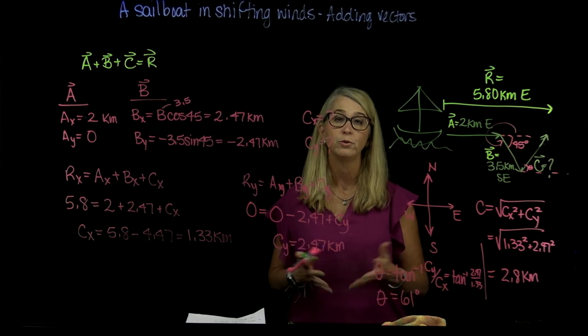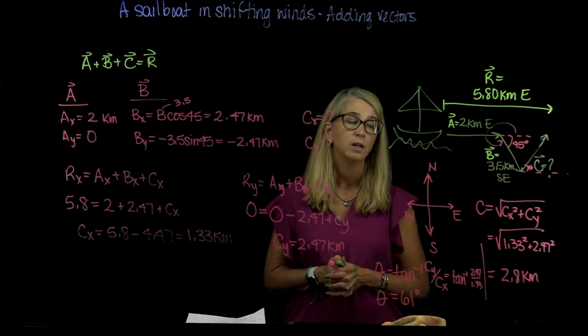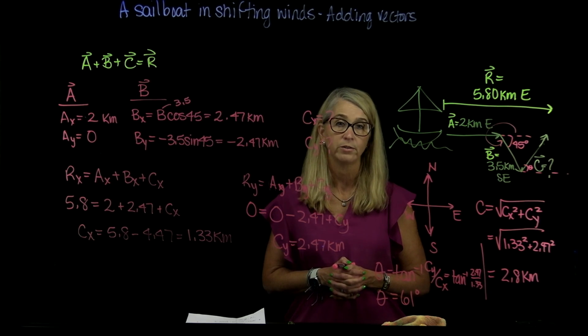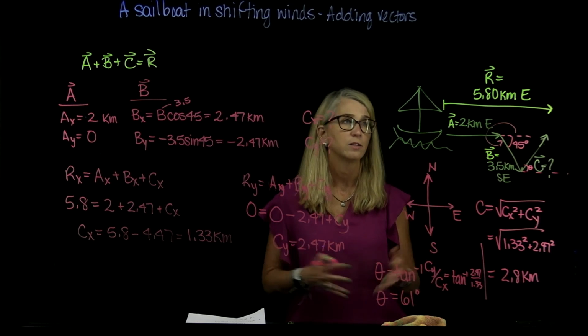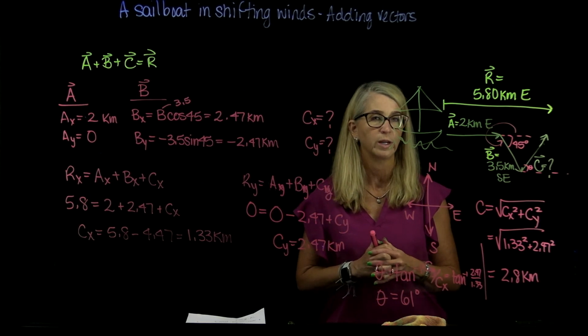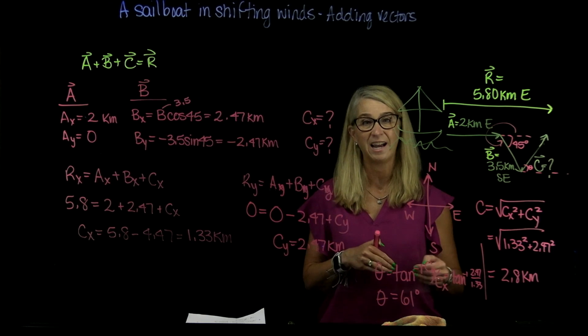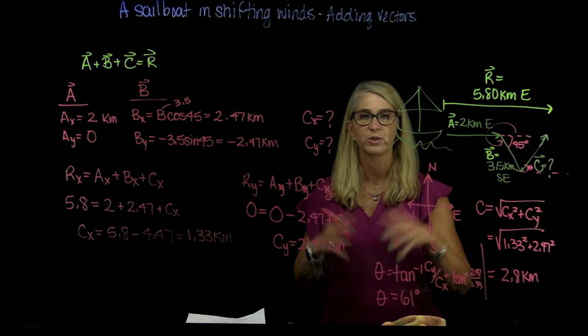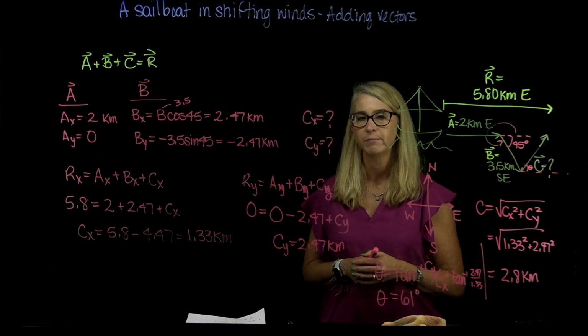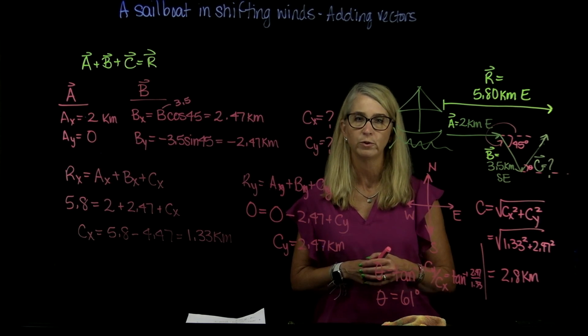In fact, if I wanted to describe that using directions, I would say that it was 61 degrees north of east. And so I like this problem because we're adding vectors together, but it was a little bit of a shift because we had to find one of the vectors that we're adding instead of just summing them all up. But the technique is always the same. So hopefully this is a helpful example.